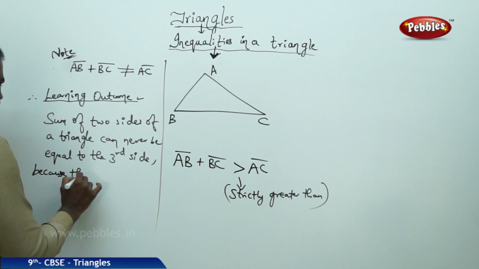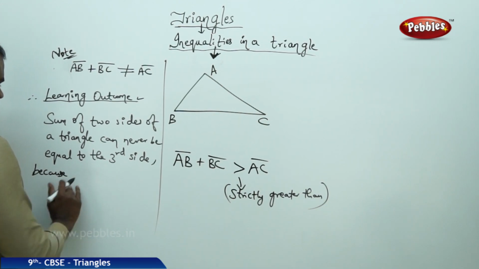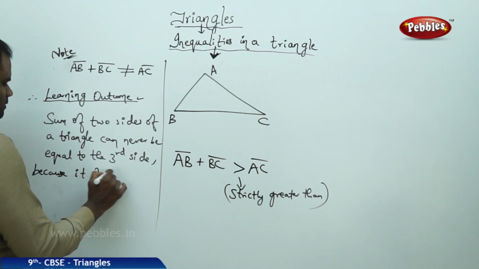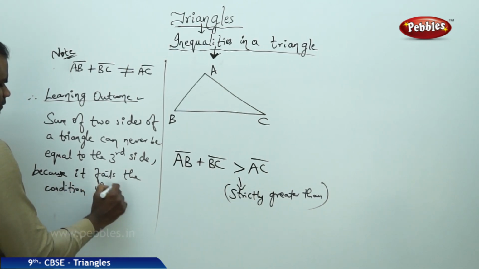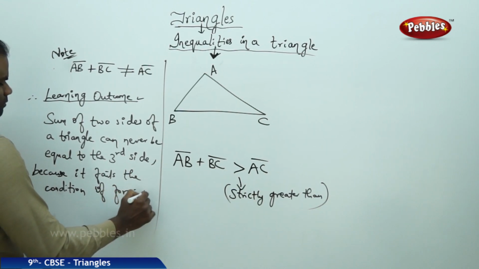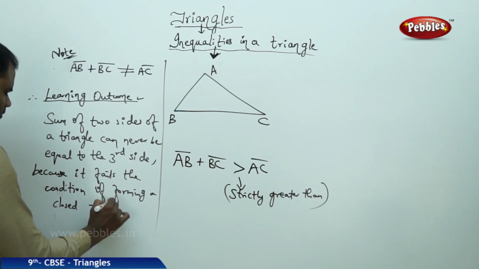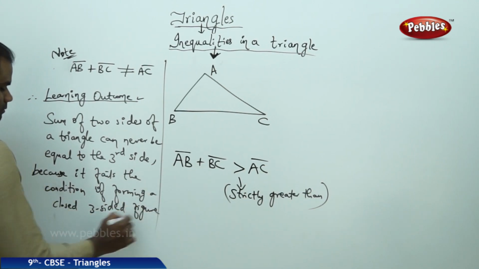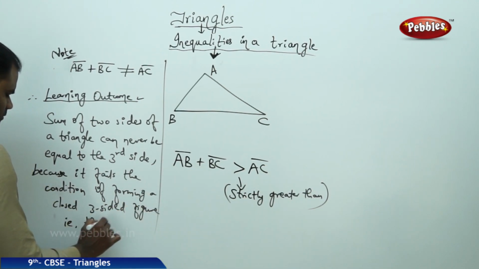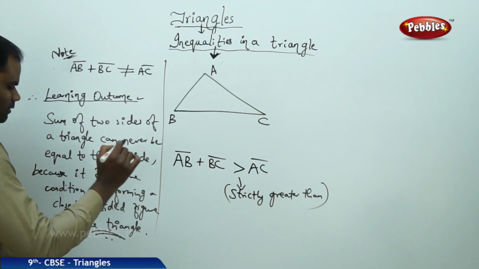Because it fails the condition of forming a closed three-sided figure, that is the triangle.